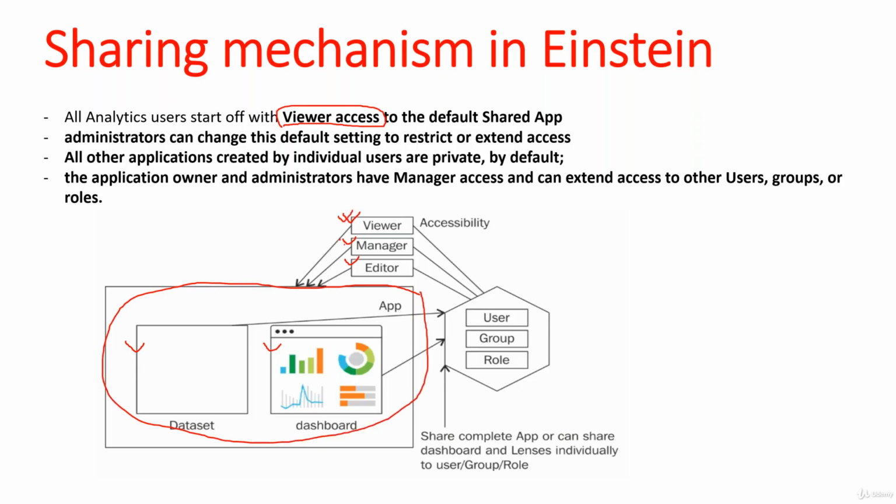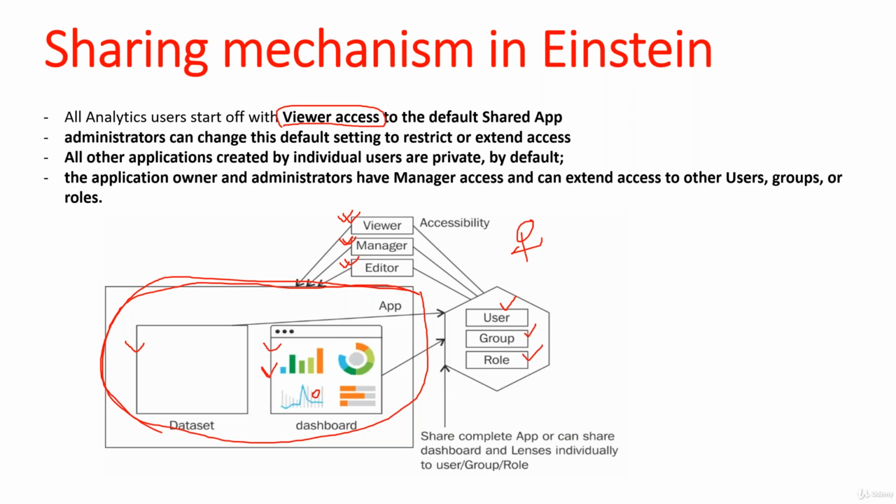We can share the complete app or we can share individual data sets or lenses to a particular group. So I can have one application and share it to one user as a manager, or in the app I have one dashboard, I can share this dashboard to a user only, not anybody else, not the complete app. That kind of control we can do.